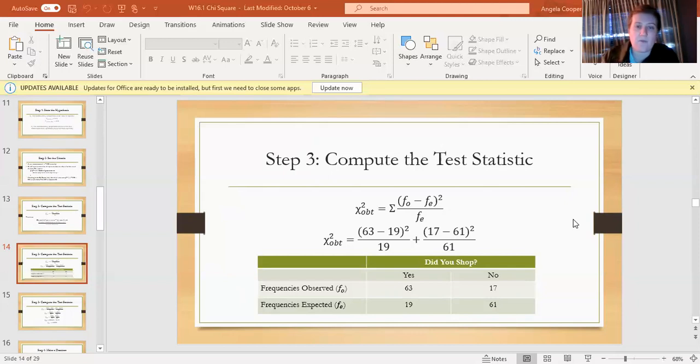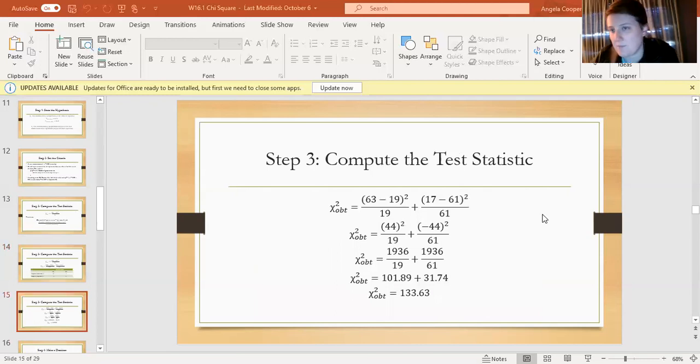Now we do that again for our other observed value: our 17, the no, minus 61, the expected number of times people would have said no, squared, divided by the expected frequency of 61 again. For each condition of the categorical variable, yes and no, we need 2 different fractions. This is the yes, this is the no. 2 fractions, 2 conditions.